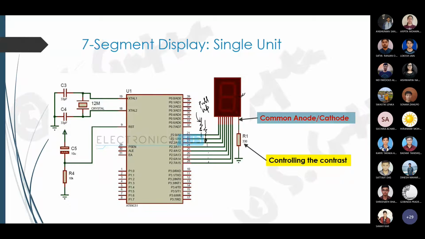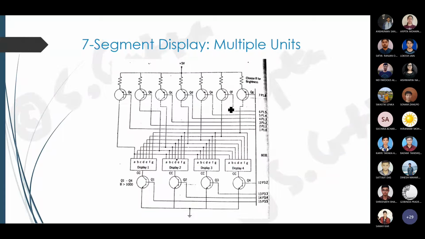And then we can also connect multiple display units using this configuration, with display 1, display 2, display 3, and we have control on the common cathode and common anode portions. We have already seen this also.